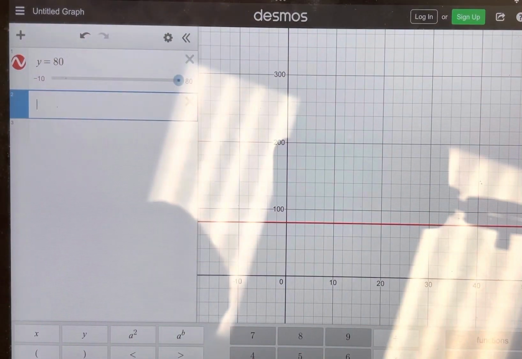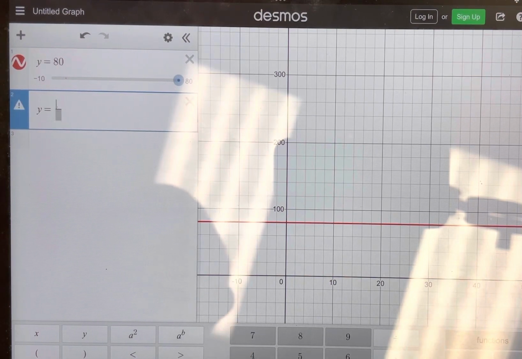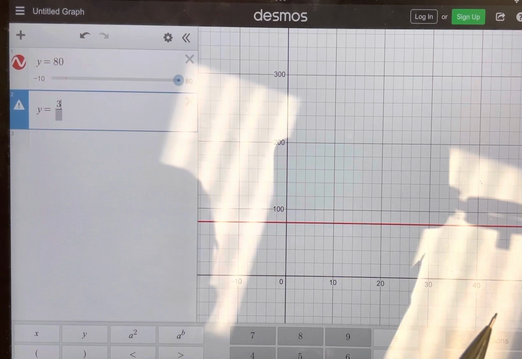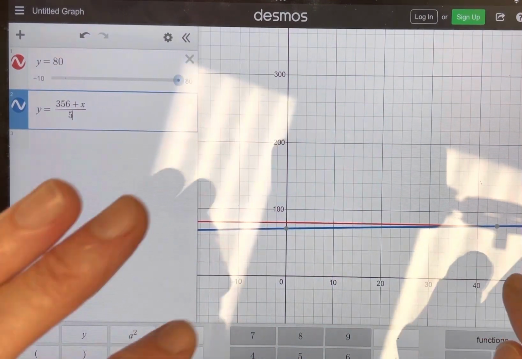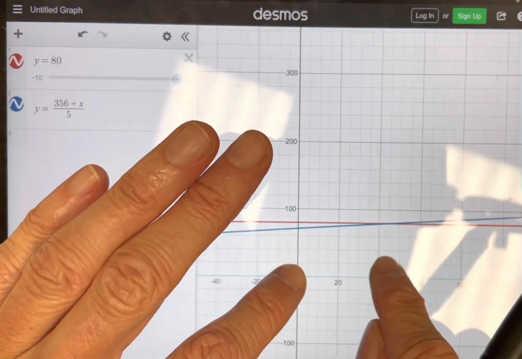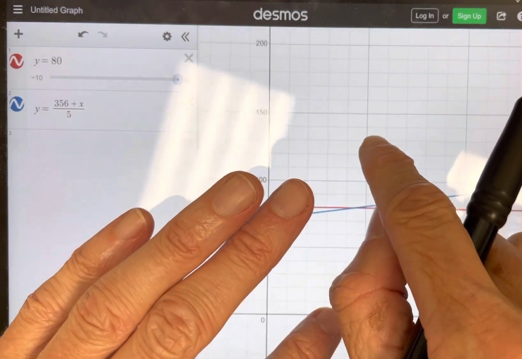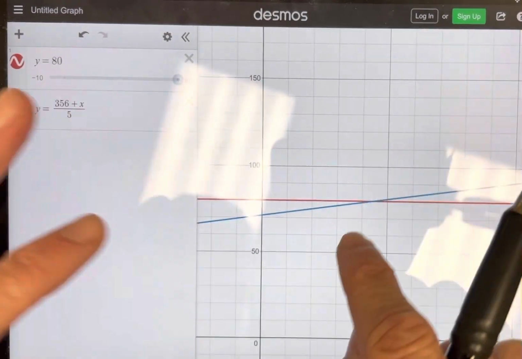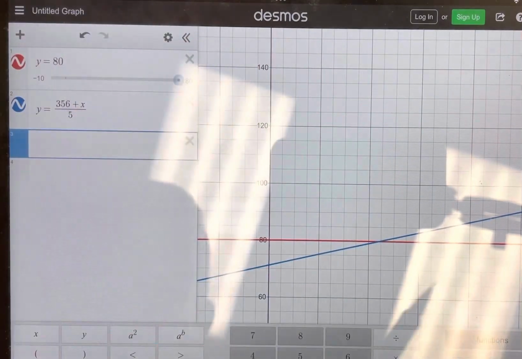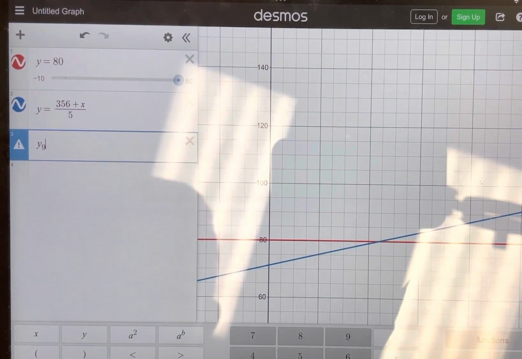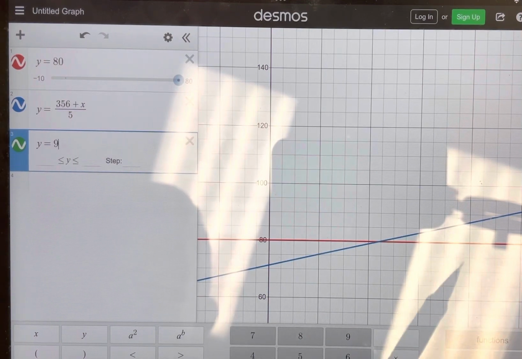Okay, my second one is that fraction, that average, y is equal to the numerator 356 plus x, and the denominator is 5. And so as I mentioned, there's that diagonal line coming through, and I want it to be between 80 and 90. So let's put in the third equation as y equals 90.